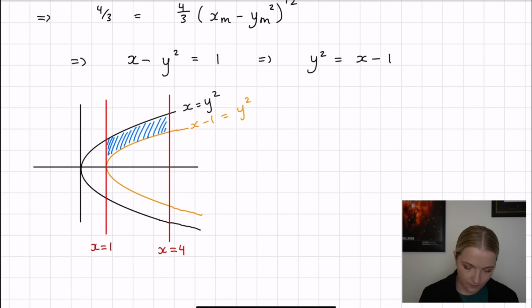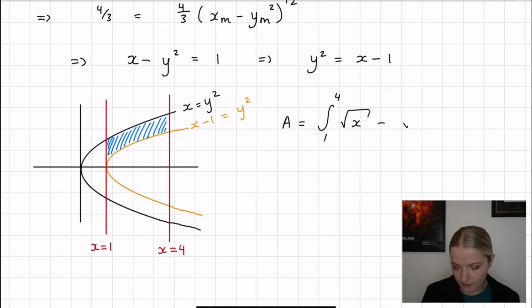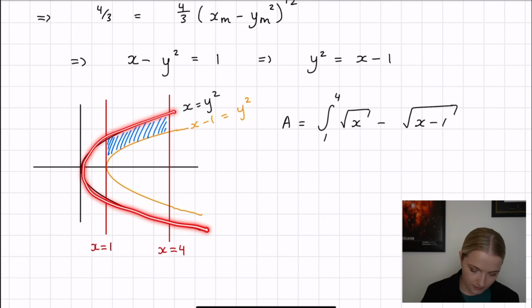And so we can do another integral. We can do the integral of both of these equations between these limits, and find exactly what this region is, and that will hopefully help us go back to the question and figure out exactly which statements were true. So the area is going to be the integral between 4 and 1 of the square root of x minus the square root of x minus 1, which is just this minus this between 4 and 1.